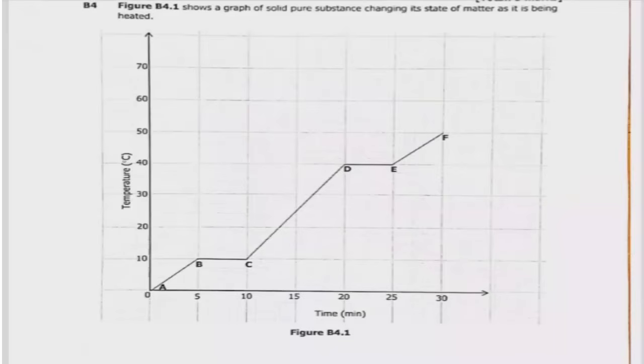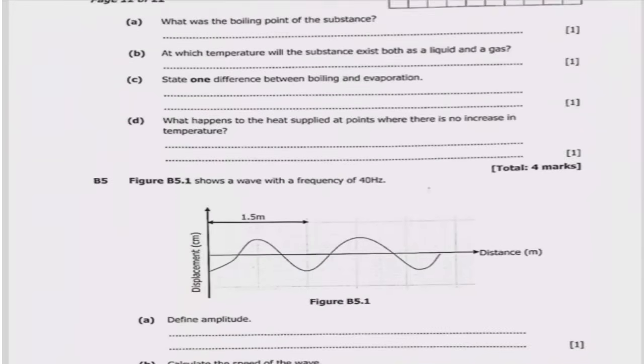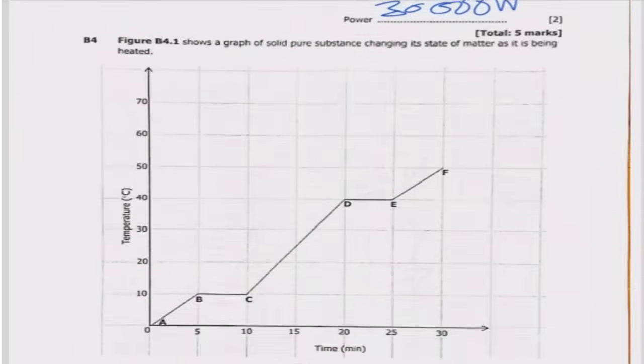Okay, once we have studied the diagram, we can go to the actual questions, which are: what is the boiling point of the substance? In other words, they're asking us at what temperature is the substance changing its state from liquid to gas. So let's go to the diagram and see.